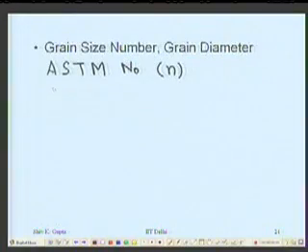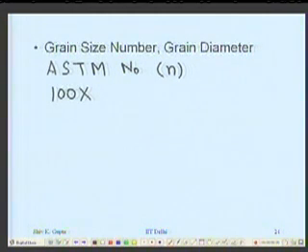For this we use a linear magnification of 100. Linear magnification we write as 100x. So area magnification would be square of this, 10 to the power 4.